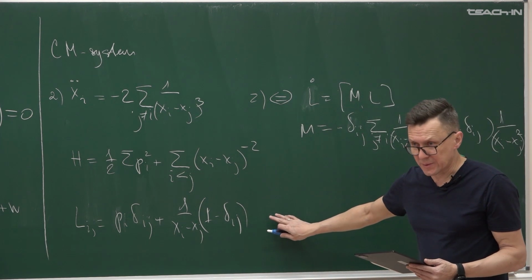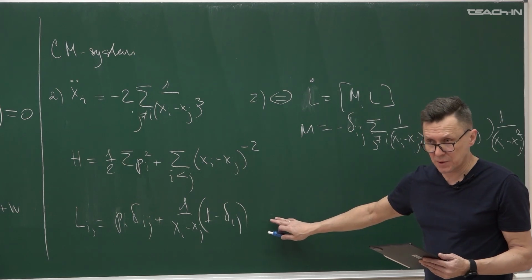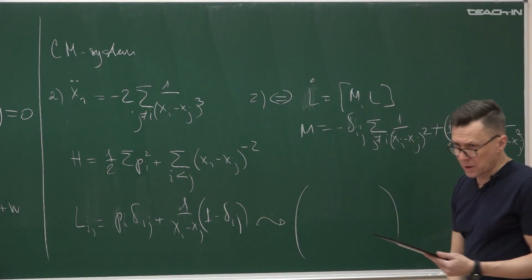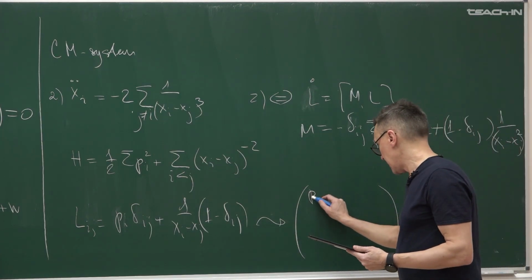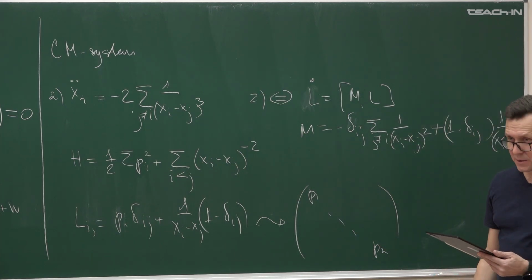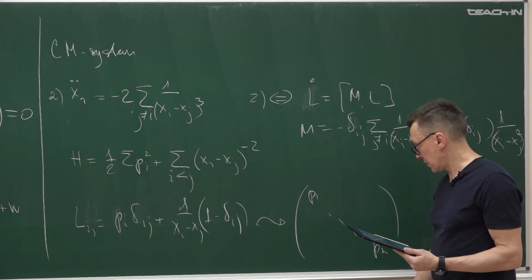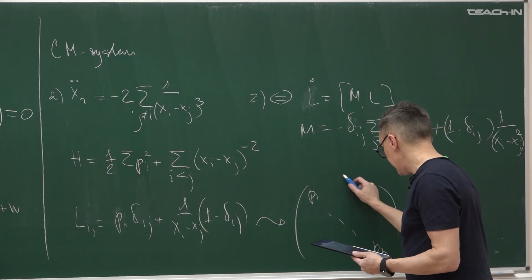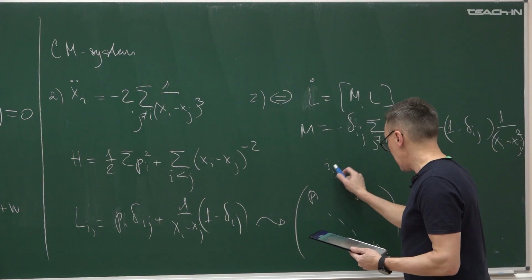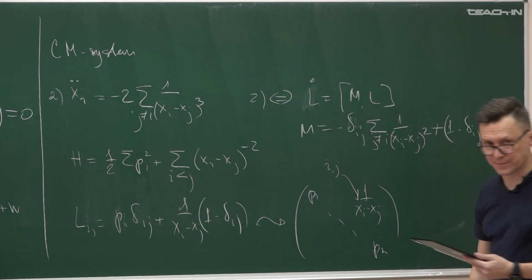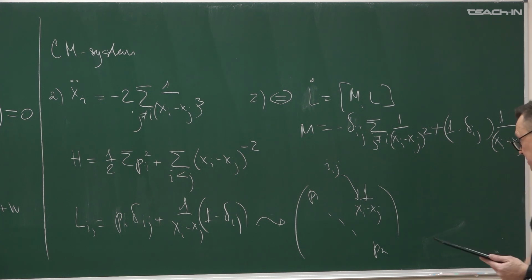You understand approximately what is the matrix structure of these matrices. So L is a matrix of this type, with p_1, ..., p_n on the diagonal as for the Lax operator of the Toda chain, and on the i-th and j-th place we have 1 over (x_i minus x_j). Okay.